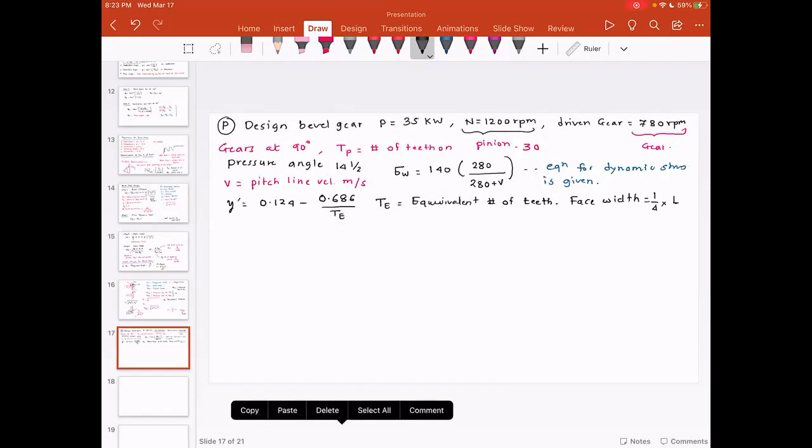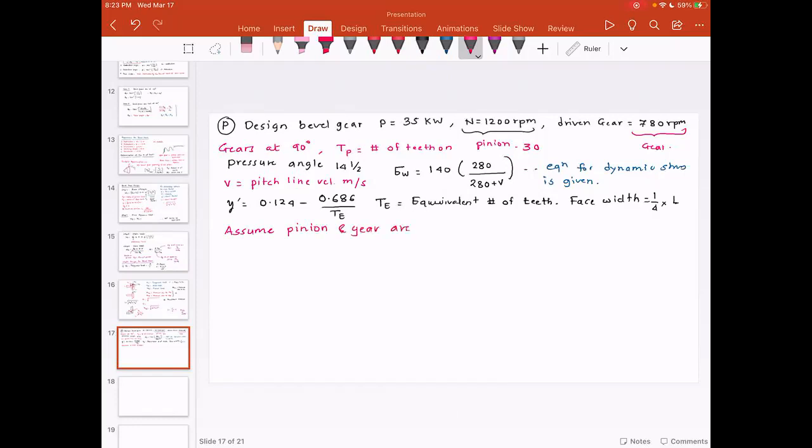So design the pinion. So good news here is we can assume pinion and gear are of same material.